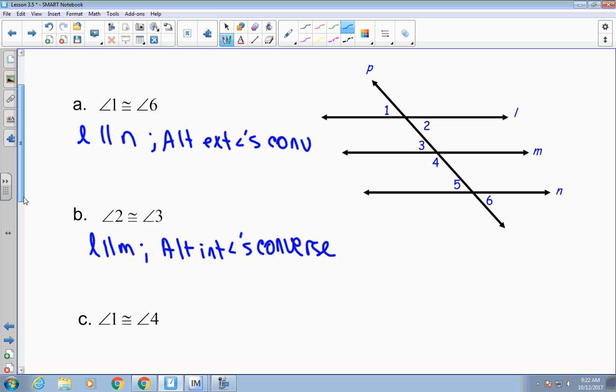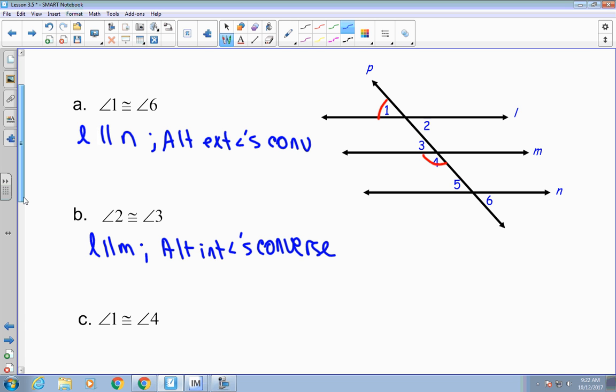Okay, how about 1 and 4? Would that be enough information to prove lines parallel? They're not consecutive because they have to both be inside the lines. Are they corresponding?